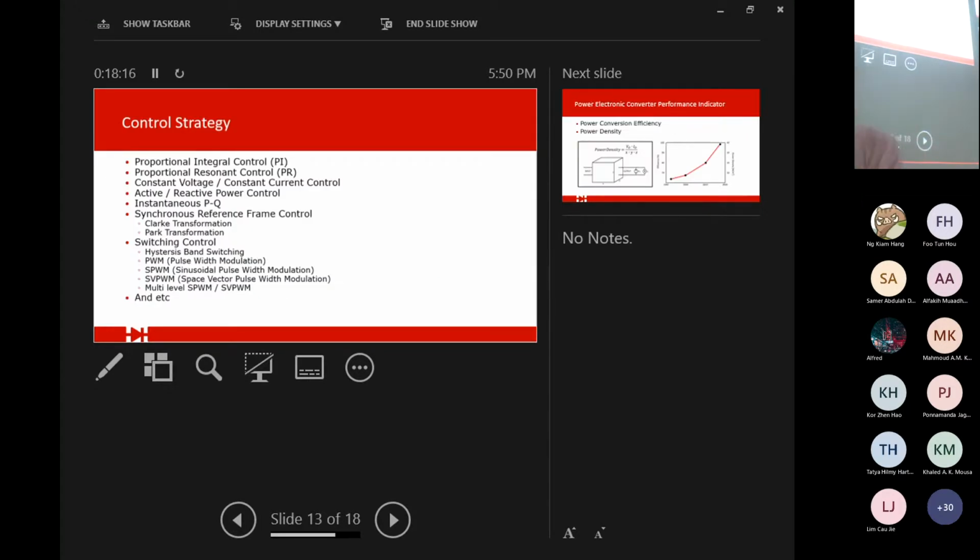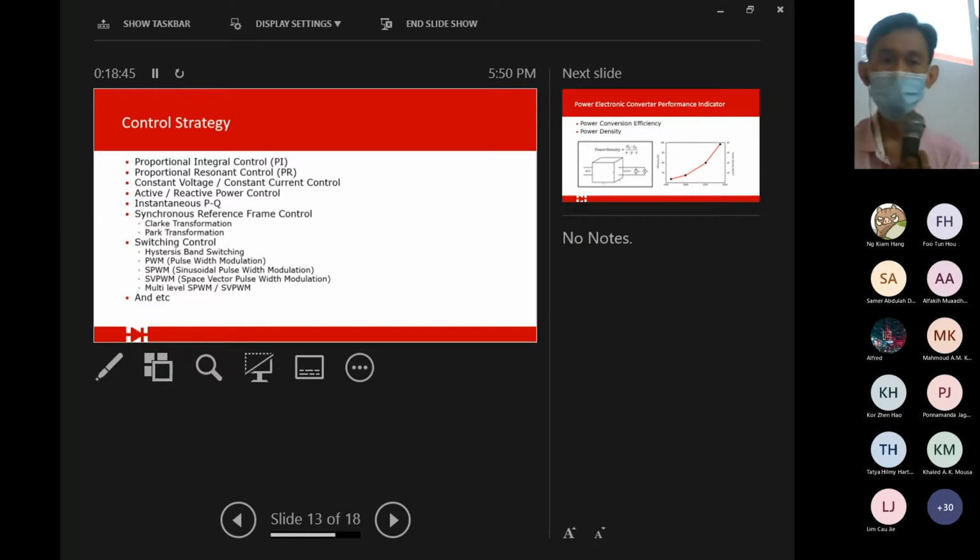Now we already talked about topologies and switching devices. Lastly is the control strategy. As we know, in control we use a lot of PID, but in power electronics we only use P and I, we don't use D, so we call it a PI controller. And we have another type of controller called the PR controller, proportional resonant.